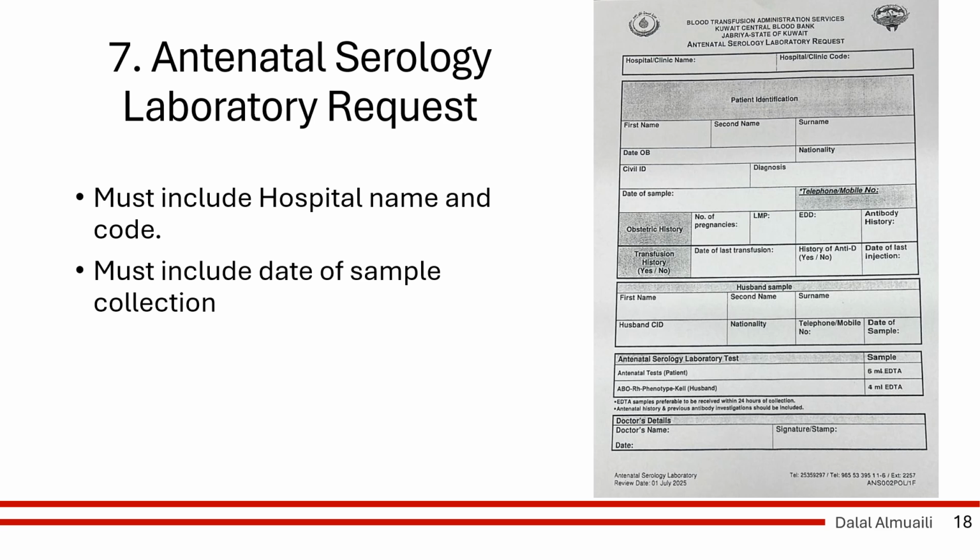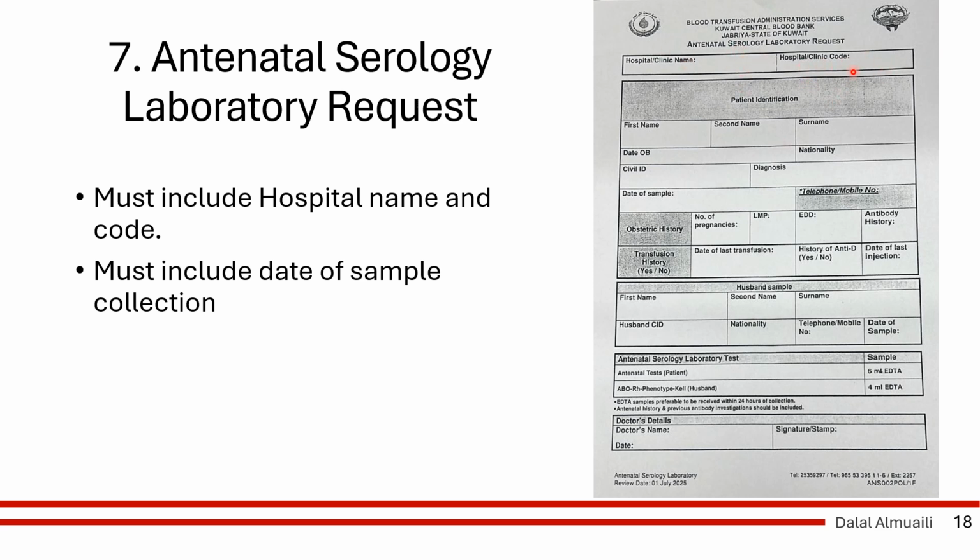Regardless of the form you are filling out, it is very, very important that you include all of the information requested, including things that don't seem very important at first. For example, here it's asking for the hospital code and the hospital name.